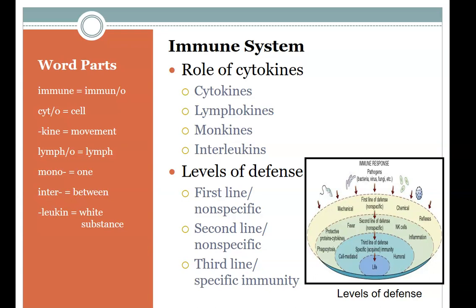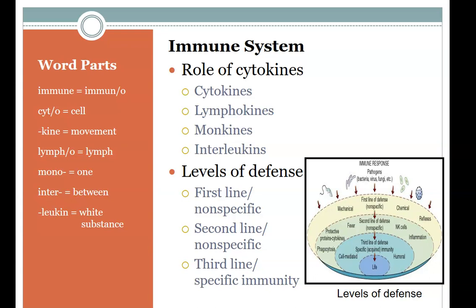And as you see, there are the word parts. You've got immuno, cyto equals cell, kin equals movement, lymph is lymph, mono is one, inter equals between, and leukin is white substance.